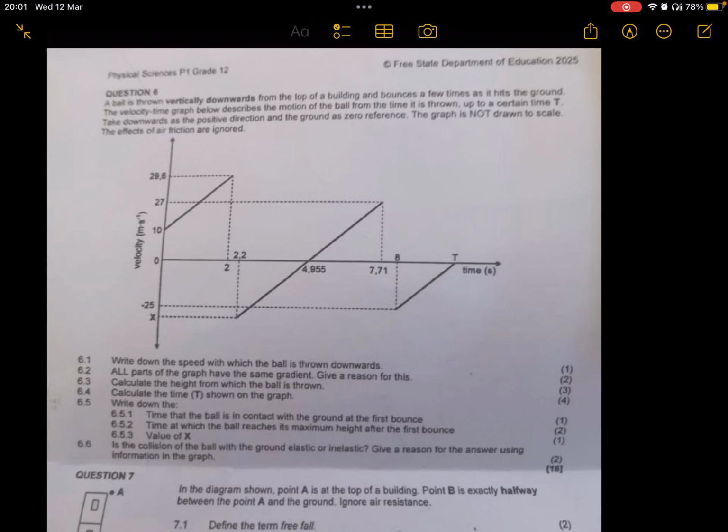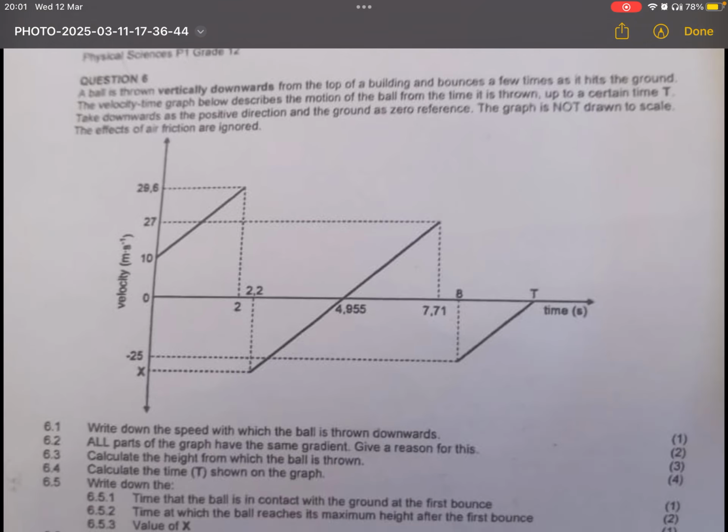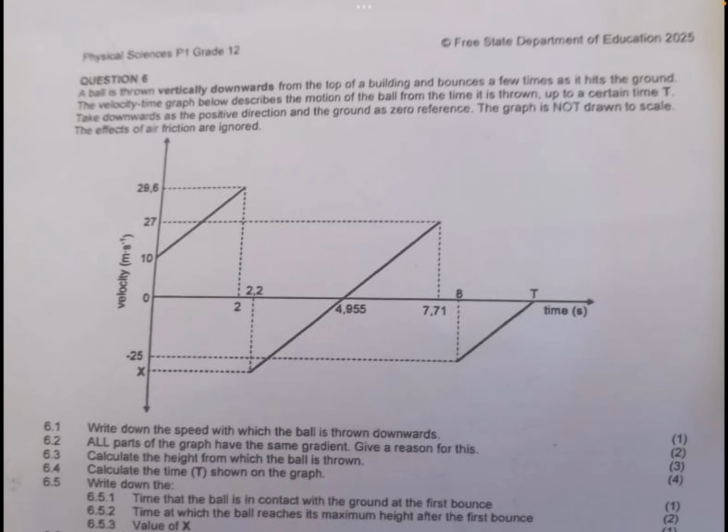Well, the velocity time graph is easy to read, as you can see from left to right. It's a straight diagonal graph going up with an initial or starting velocity, and then it ends at some point.